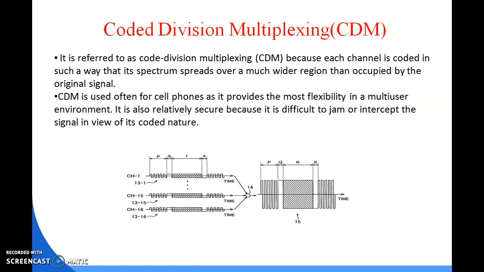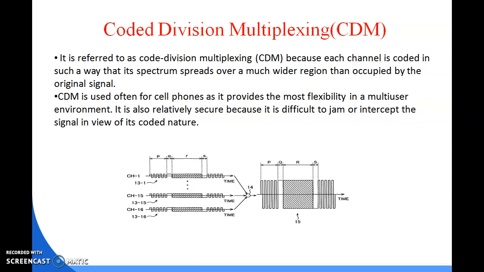This allows several users to share the band of frequencies, or bandwidth, and to permit this without undue interference between the users. Clear now? So that is known as the benefit of code division multiplexing.